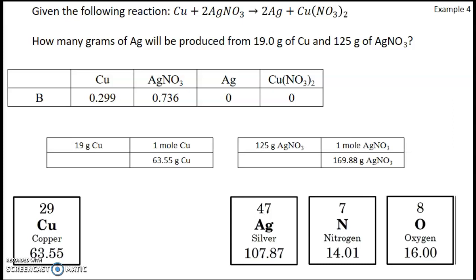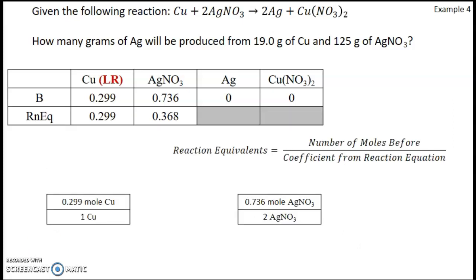Our next step, once we have the before row filled in, is to identify our limiting reactant. We do that using reaction equivalence. So we take the number of moles before for copper, 0.299. We divide it by the coefficient for copper, 1, from the reaction equation, and that gives us 0.299 reaction equivalence for copper.